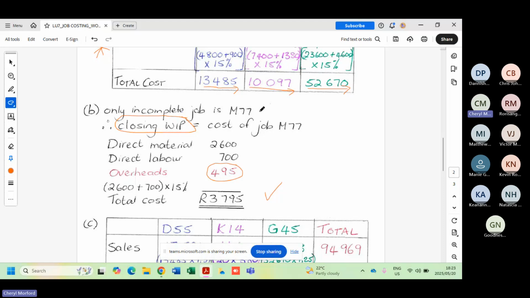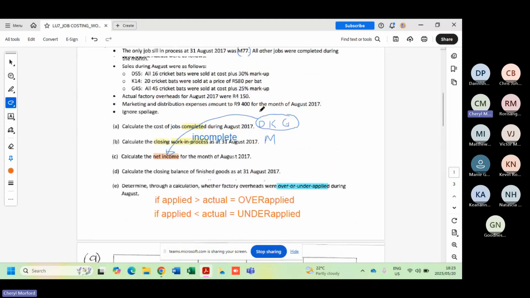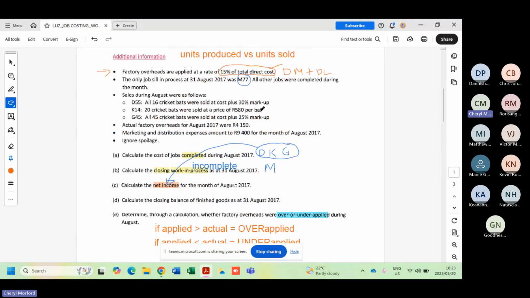Now for the fun part. Right, this bit is really nice. Number C, the net income for the month, or you could say net profit. So we're going to do sort of a bit of an abbreviated income statement. We're going to start with sales, from which we're going to subtract cost.